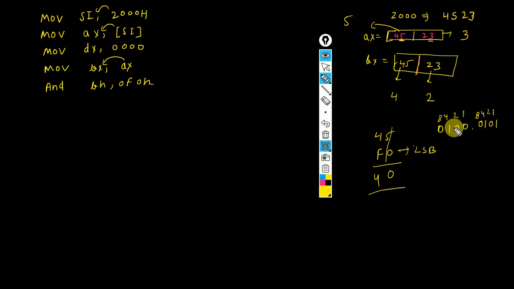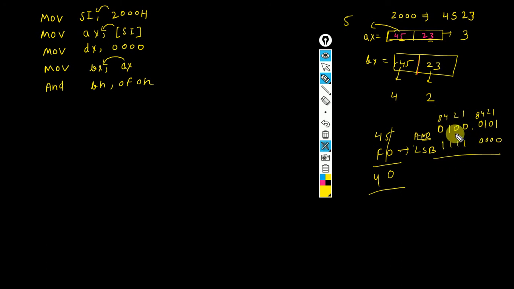When we mask the LSB, we write F0, which means 1111 and 0000, and take an AND operation. In AND operation, if both bits are high, then you get a high output.